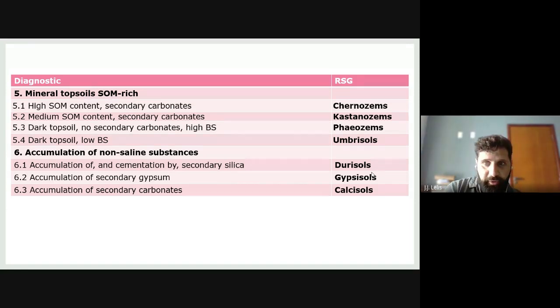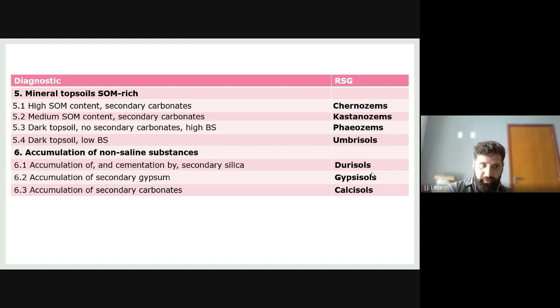So the umbrisols possess a lot of hydrogen in the cation exchange capacity, but a low content of calcium and carbonate. It's the opposite of phaeozems, because the phaeozems possess a high base saturation. So they need to possess a high content of exchangeable calcium, magnesium, sodium, and potassium.